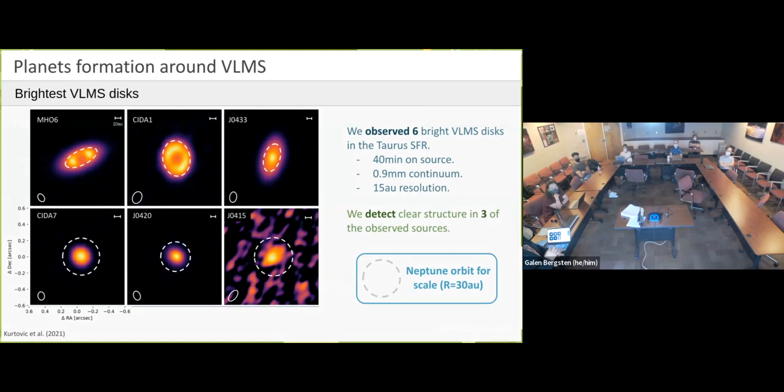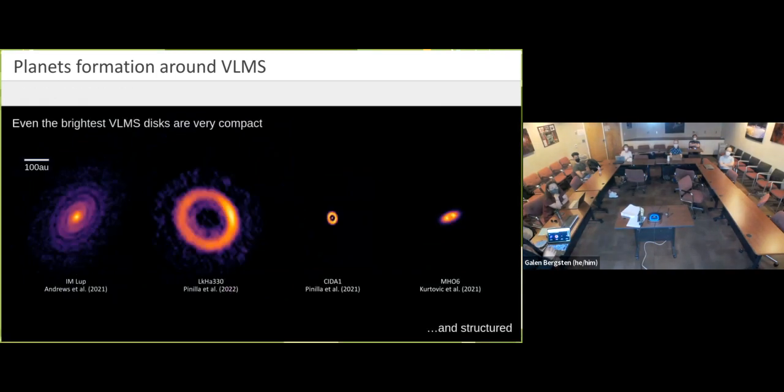Now, the thing is that when we compare the brightest disks around very low mass stars to the brightest disks around moderate or higher mass stars, you can see the difference, not just in the extension, but also in the amount of material that you can retain there. And so one nice result that we get is that even these very compact and very small disks are still structured when you have high enough angular resolution.